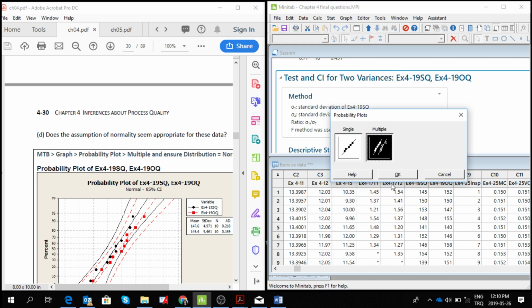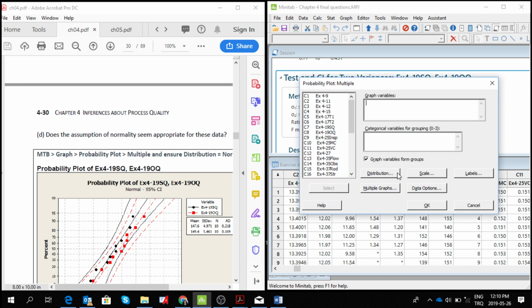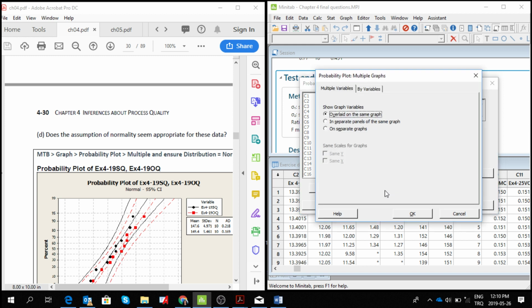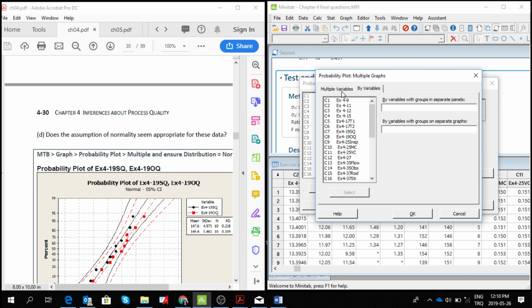We can check both of them at once. So I'm going to put this here, select, and then put this here, select. Okay, and multiple graphs: overlay on the same graph is fine, and in separate panels of the same graph is fine too. So you can choose whichever you like.